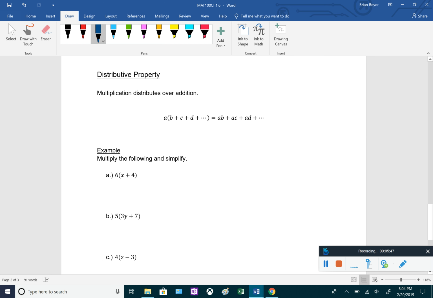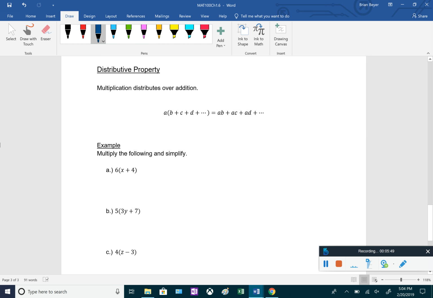This next one is less obvious, but very, very important. It's the distributive property. So the idea here is that multiplication distributes over addition. So that's going to look something like what we have down here. In parentheses, we have b plus c plus d plus ... however many terms are in there.